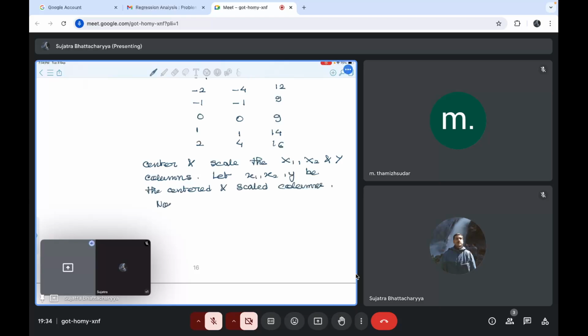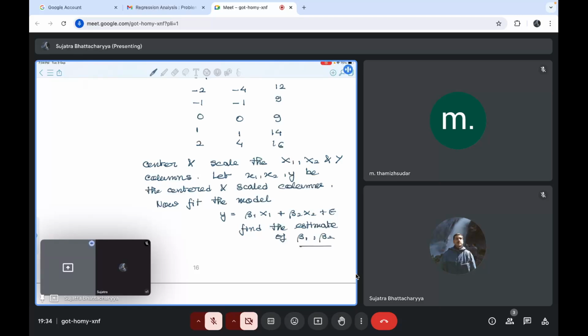Now fit the model y, this is not small y, equals beta 1 x1, of course, because when you center and scale it, beta naught will be gone, plus beta 2 x2 plus xi. Okay. So the question is to find the estimate of beta 1 and beta 2.